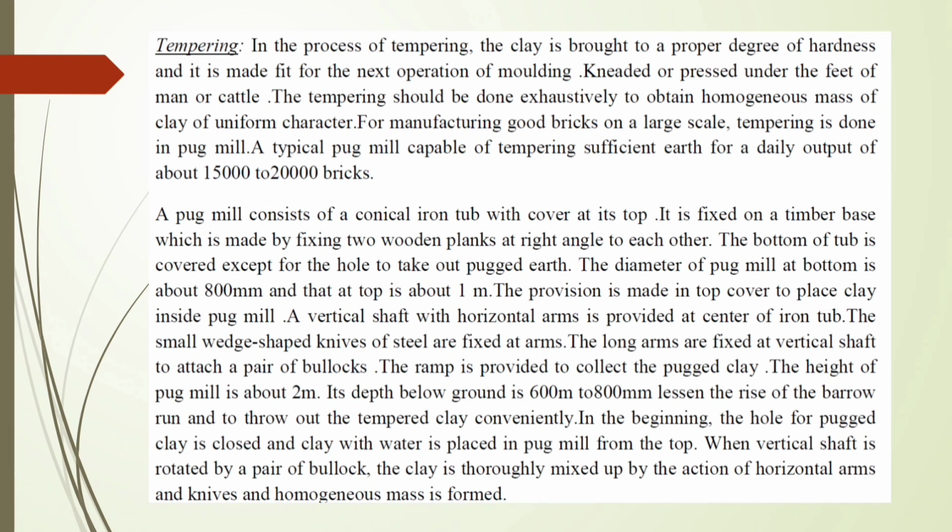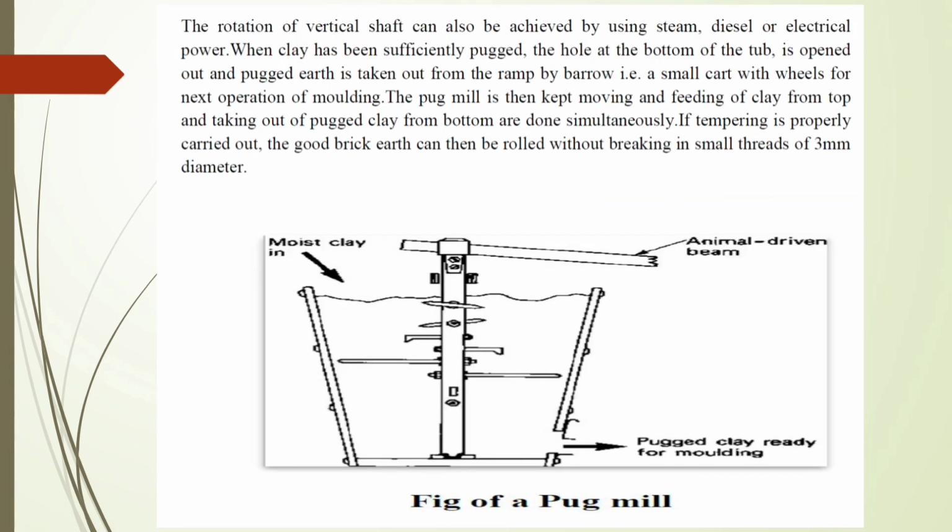The diameter of the pug mill at the bottom is about 800 mm and that at the top is about 1 meter. The provision is made in the top cover to place clay inside the pug mill. This is the figure of the pug mill.